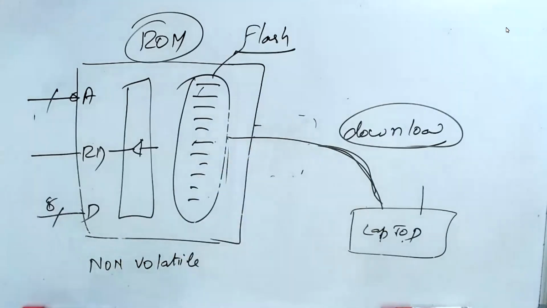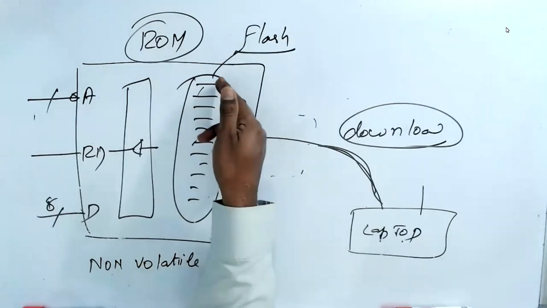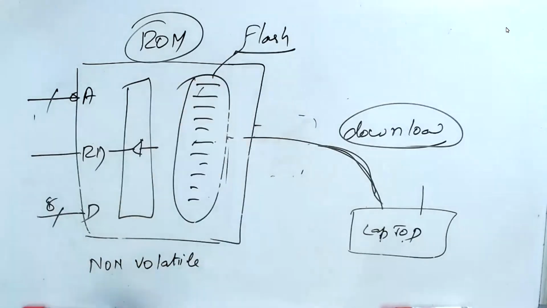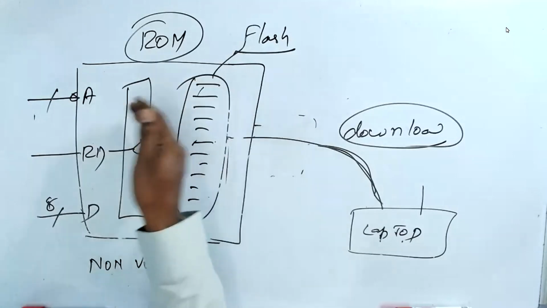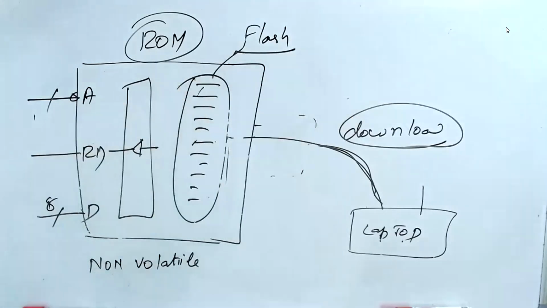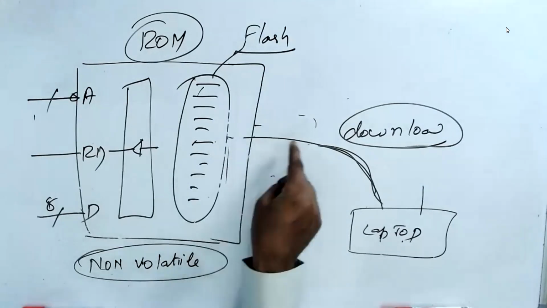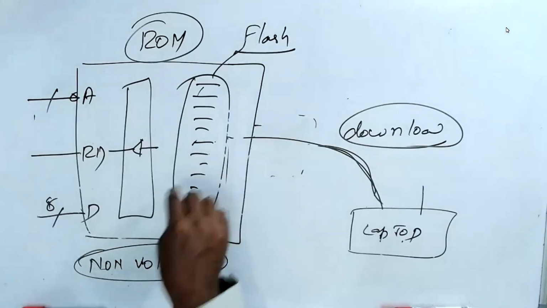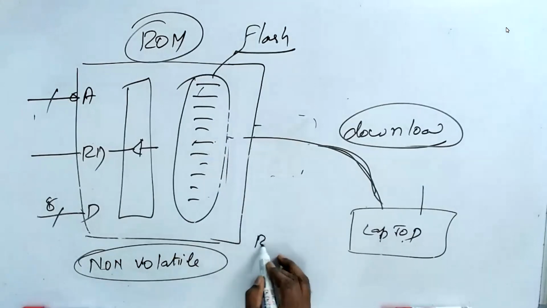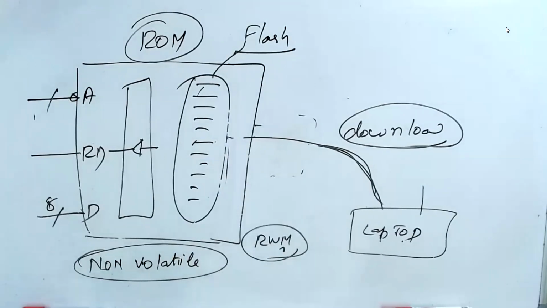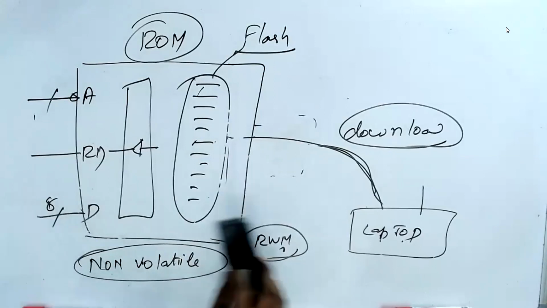But what you're doing is making every bit a 1 or 0. Once you make it, it will be permanently there, even if you remove the power. That's why they call this non-volatile. But this is called programming. We don't call this writing. The RAM is called read-write memory. Understand now? If any doubt, you can ask me now.